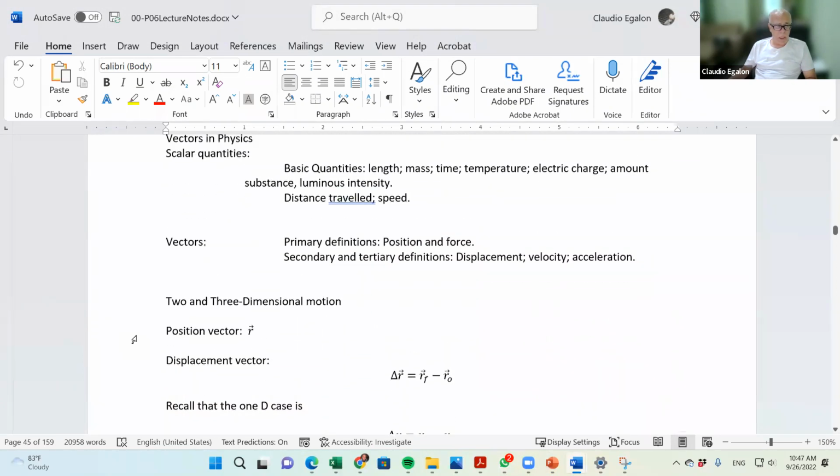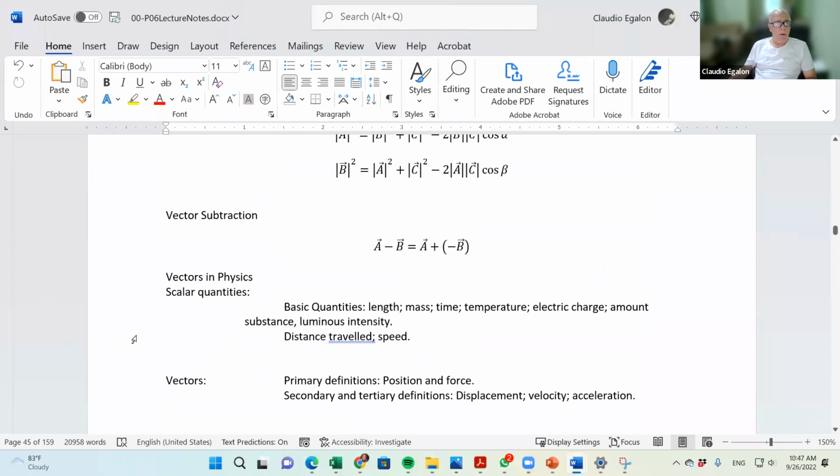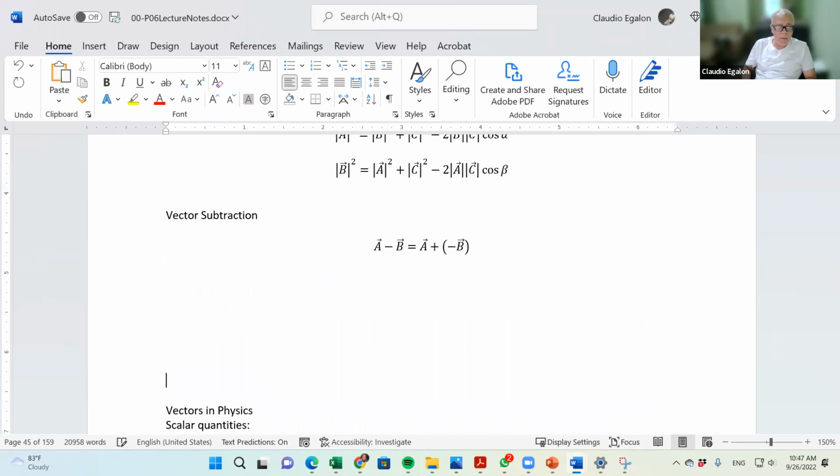Okay. And now what we did up to now was to introduce you to a new type of tool, a new mathematical tool that we call vectors.